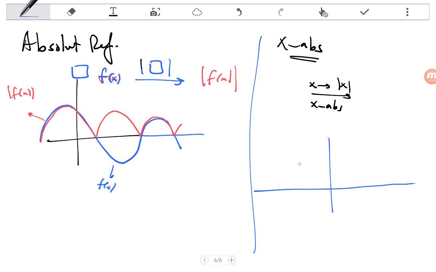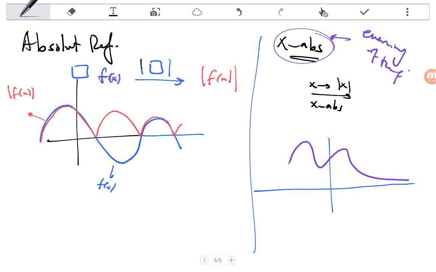If I have a function like this, I love to call this transformation evening of the function. The evening is not the midnight; it is making the function even.